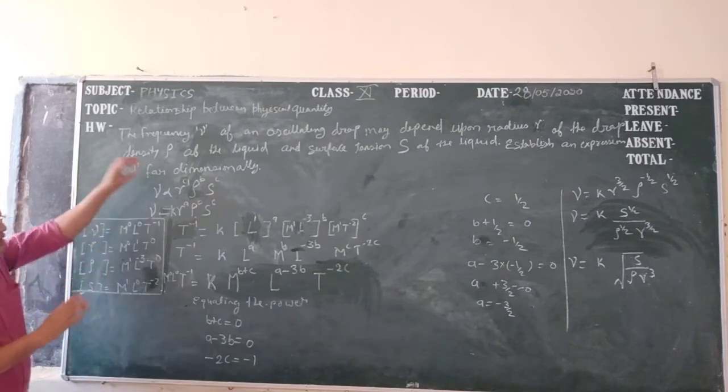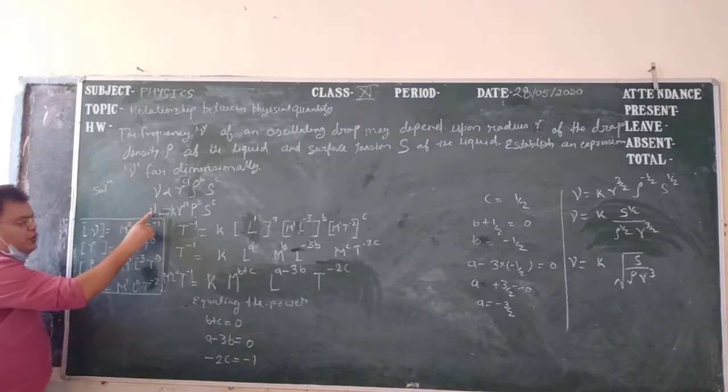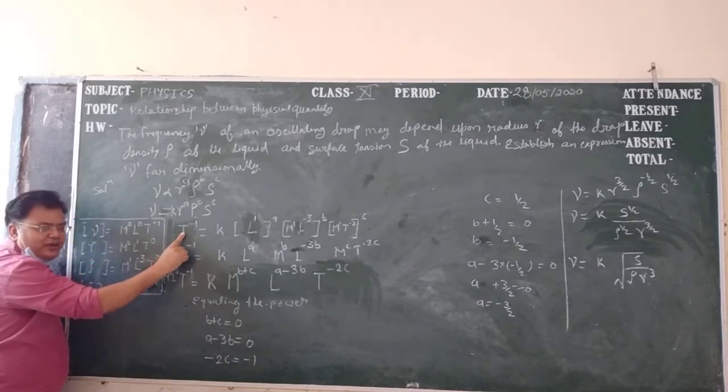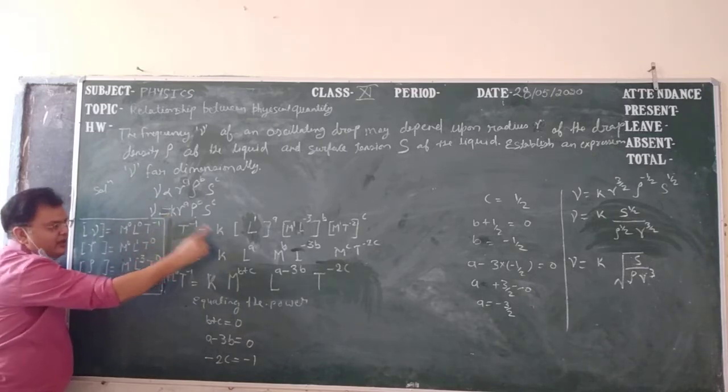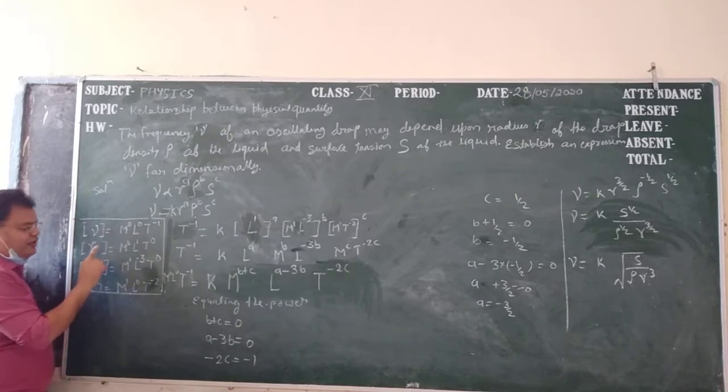Now we must put the dimensions into our formula. Nu is t to the power minus 1, equals K r to the power a. R means radius, its dimension is m0 l1 t0.